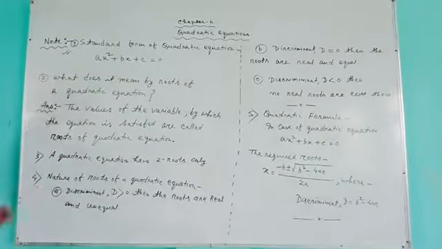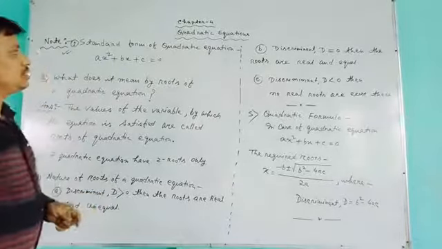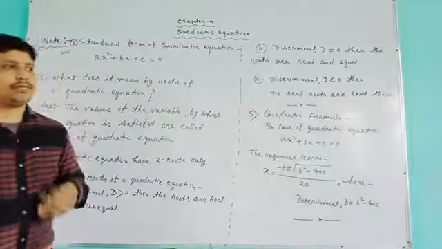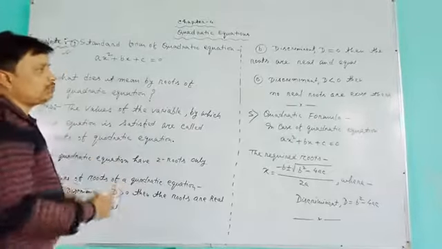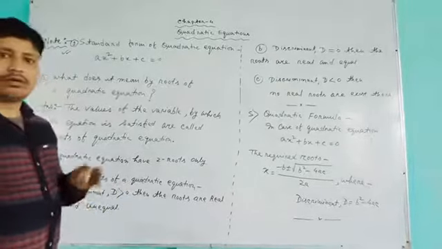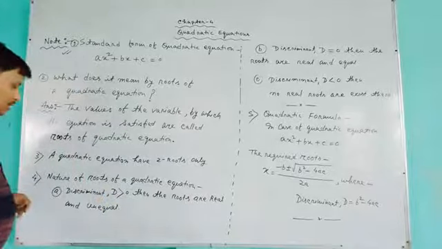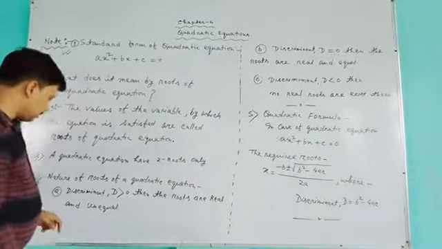Next, what is the nature of roots? Roots may be real numbers or imaginary numbers. In general mathematics we check for real roots only, not imaginary roots. There are some conditions.